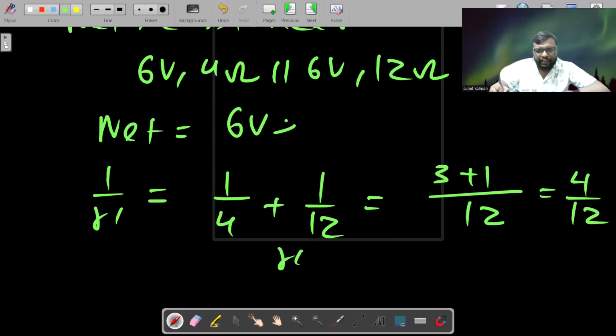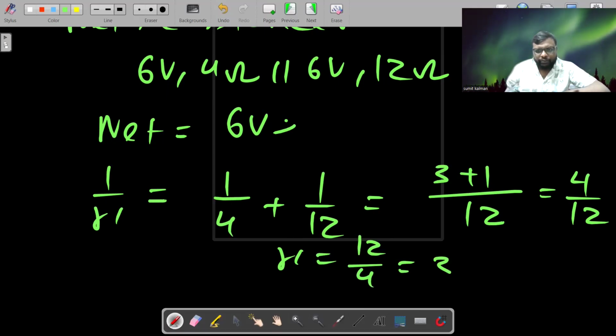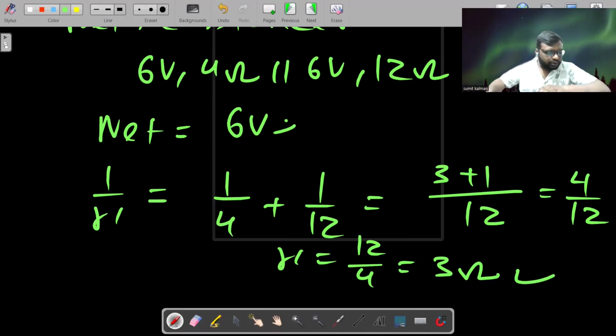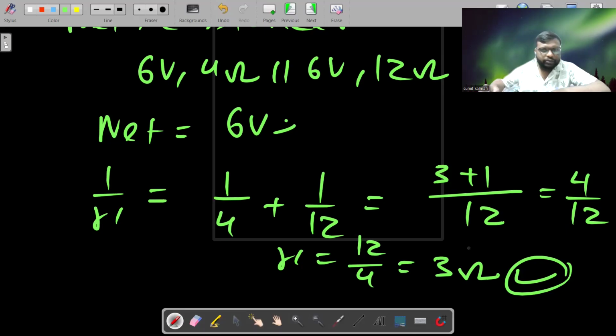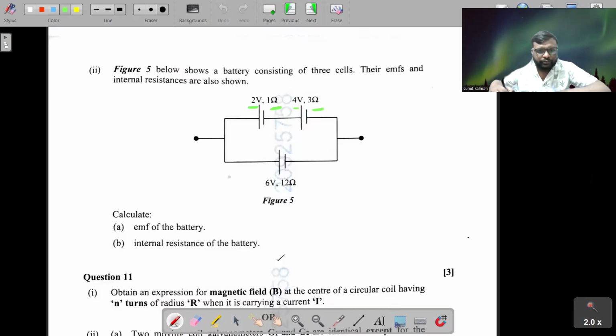So R dash will become 12 upon 4 and it will become 3 ohm. So net internal resistance is coming out to be 3 ohm. So this was the solution of this problem. EMF 6 volt and net internal resistance कितना आ रहा है? 3 ohm. Now next.